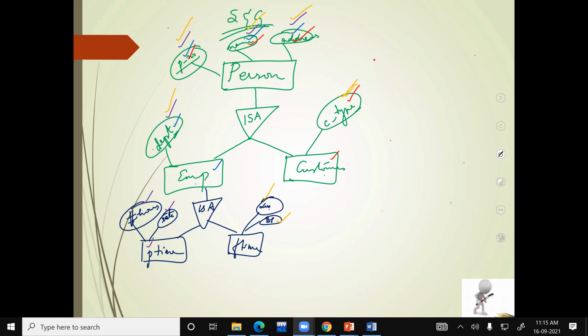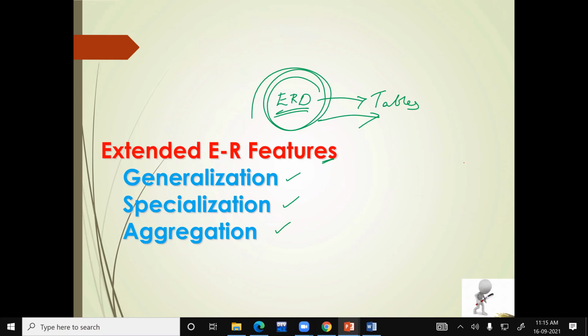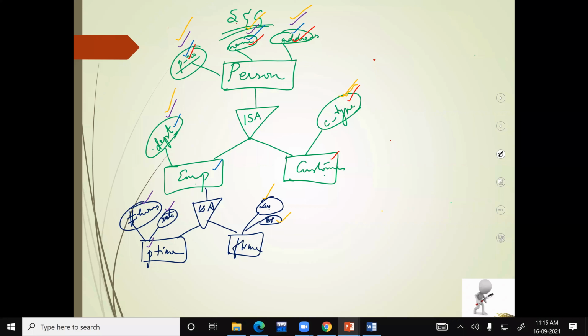Now, let us see what we mean by the words specialization and generalization. Now, if you are thinking from top to down, or top to bottom, you will say it is a specialization.